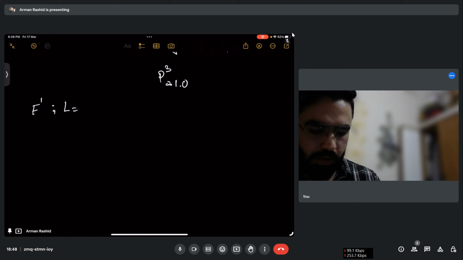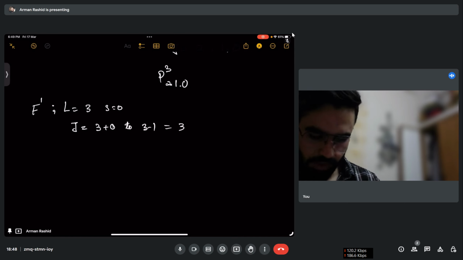S, P, D, F: 1, 2, 3, it will be 3. S here is 0, so J is 3 plus 0 to 3 minus 0. That means only one state is possible, so F1 has J equal to 3.